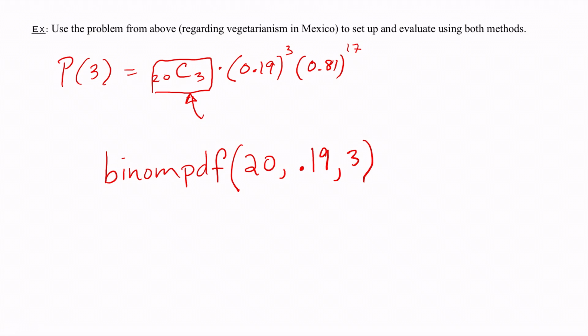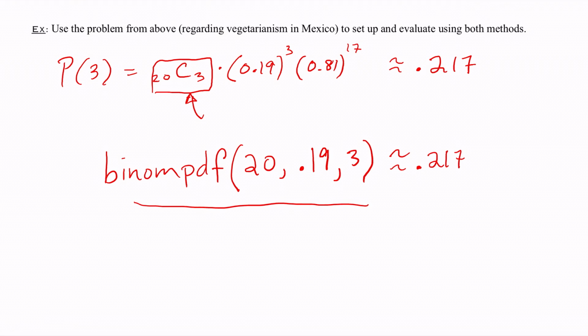This will actually give us the same result whichever way we do it, so about 0.217 either way. In my opinion, if we get comfortable doing it this way, that's going to be faster and easier to punch into our calculator.